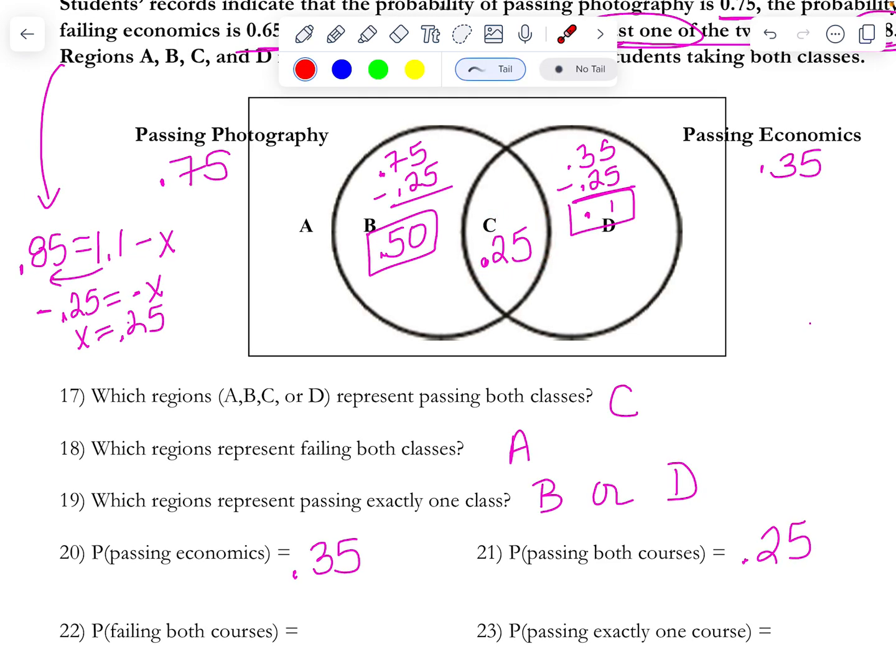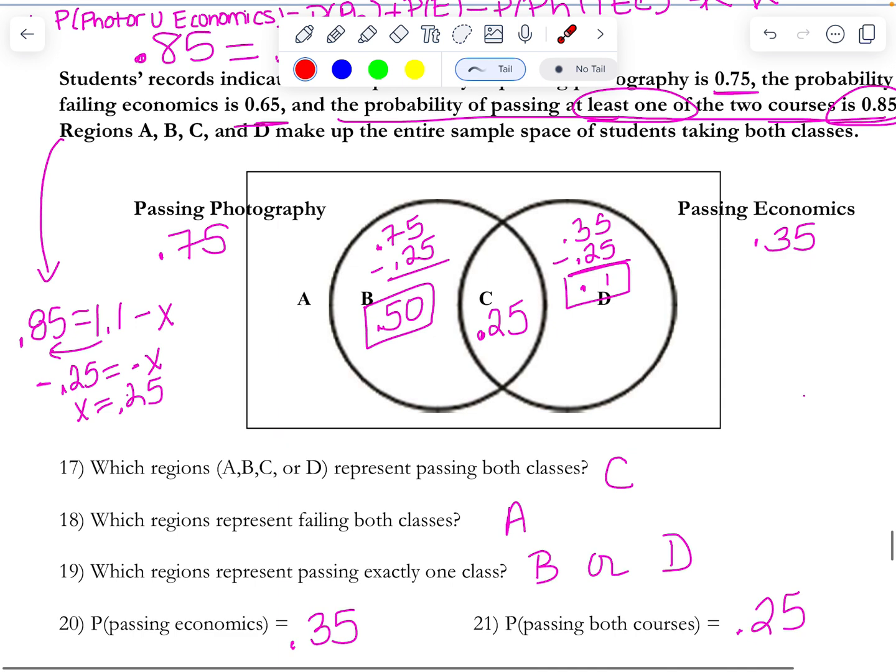Now, failing both classes. I'm just checking my math here.